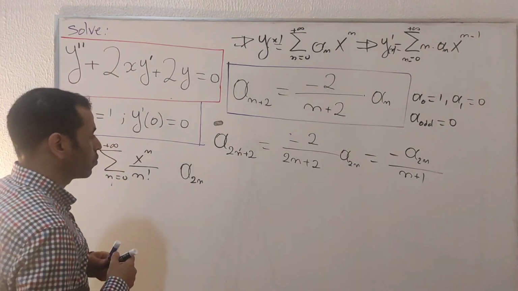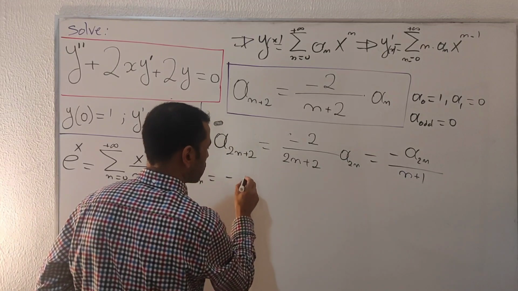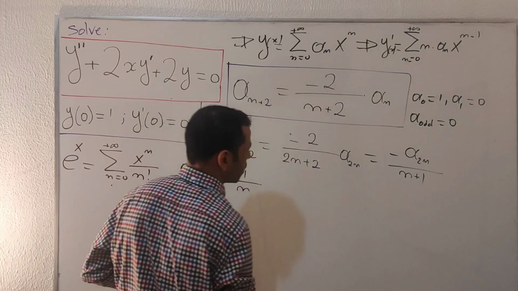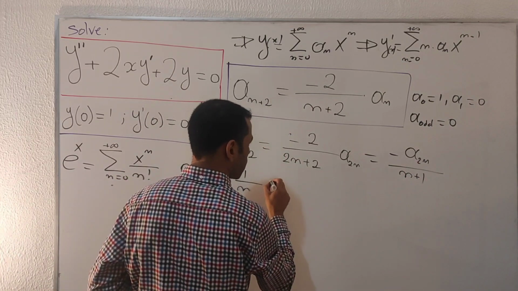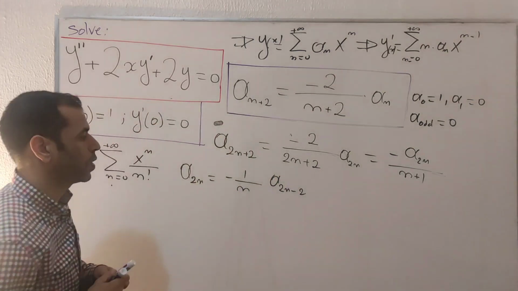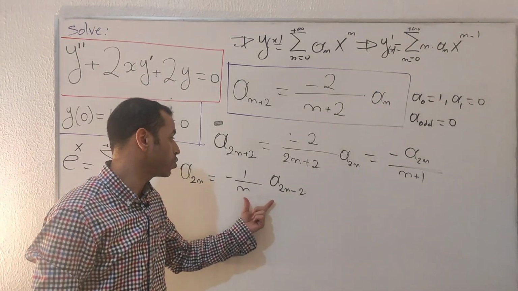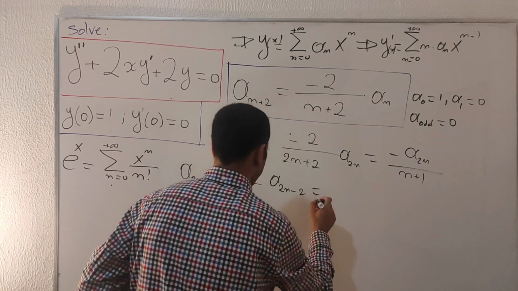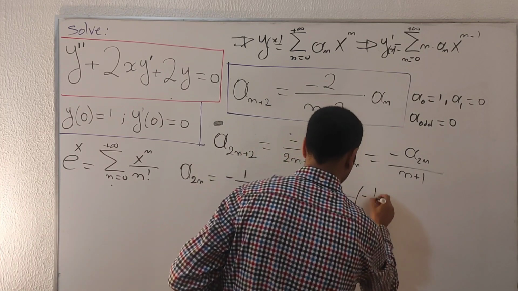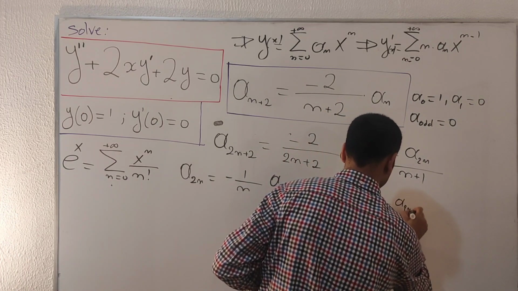So this one becomes 2n, this one becomes minus 1 over n, because n was replaced with n minus 1. This one becomes minus e sub 2n minus 2. This is one time recursion. I'm going to use the second time recursion. We'll have the same thing, minus 1 over n multiplied by minus 1 over n minus 1 multiplied by e sub 2n minus 4.